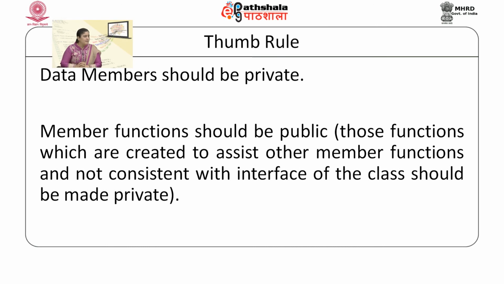But sometimes it may happen that one of the member functions is so complex that it has to be broken into smaller parts, and we need to create a function which is not required by the user of that class, but another member function wishes to use it. Such members can be made private, but otherwise the member functions should be made public and the data members private. There may be some rare cases where we deviate from these thumb rules, but by and large this is the rule that we have to keep in mind.